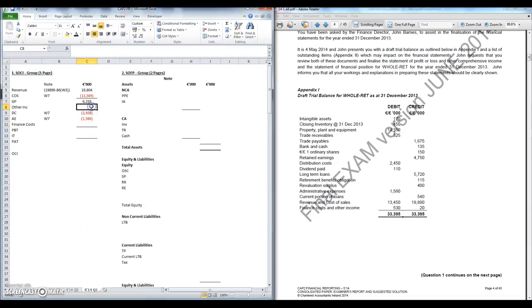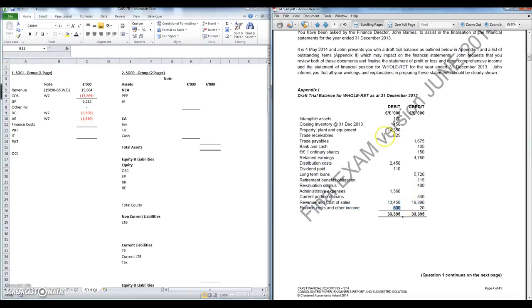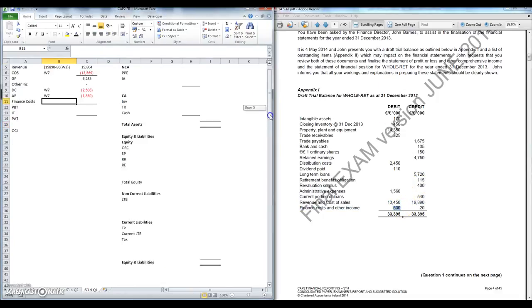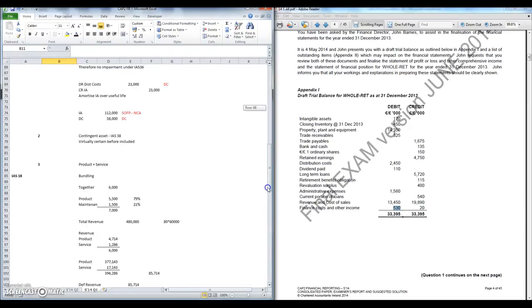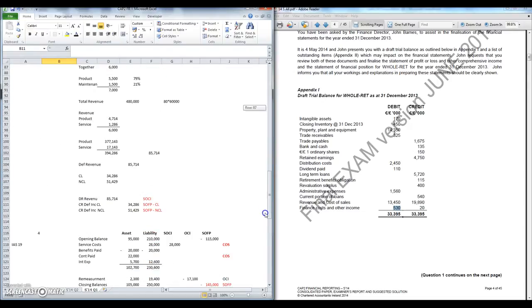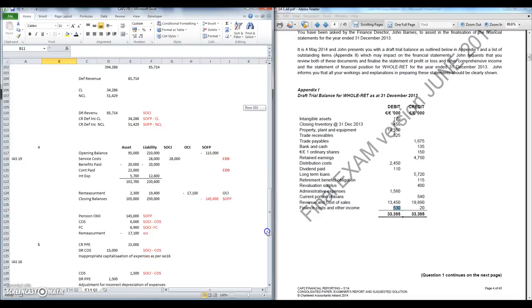So we know from our balance sheet the other income, well, there's none left because we wiped that out, so that is nil. Finance costs, again another working here. We know it's 530 in the trial balance, but if you remember correctly from before, we would have made a small adjustment to finance costs in our working 4 of 7,000, which is just 7 in this case.